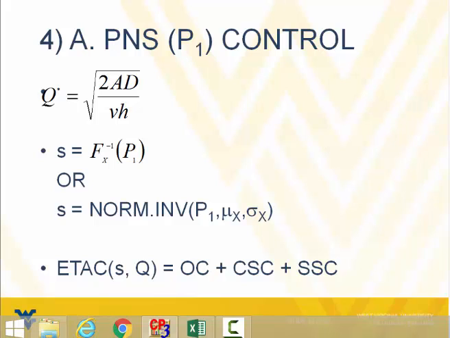Now, you could also set in Excel your S relatively simply using an Excel function. This Excel function is taking the inverse CDF of the lead time demand distribution directly, so you don't have to convert it to the standard distribution. So all you're doing is taking the inverse of the distribution of the lead time demand, for which you're entering the parameters of the average lead time demand and the standard deviation of lead time demand.